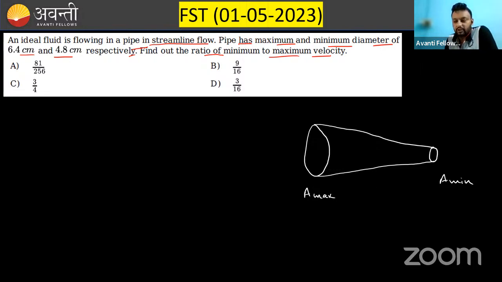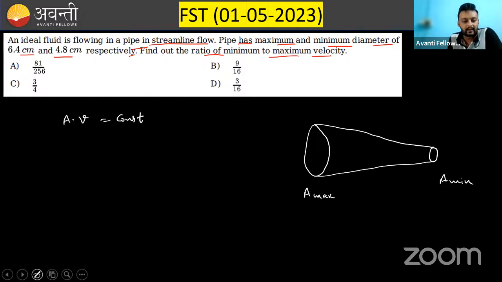From the continuity equation, everybody knows that A into V is a constant. If A into V is a constant, then A is reciprocal to V, or more accurately, V is reciprocal to A. That means if area is less, then velocity will be max.